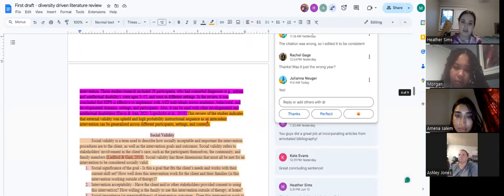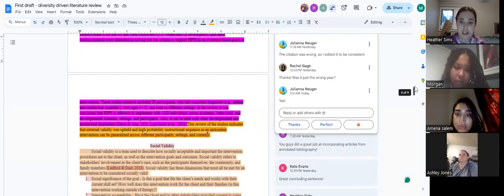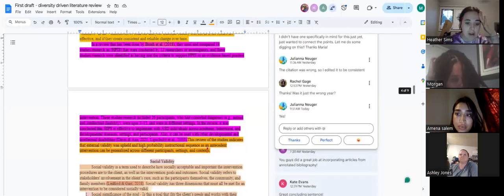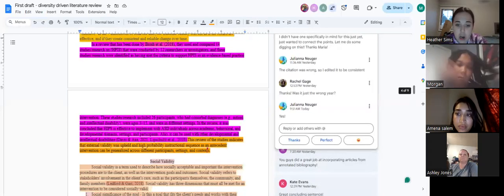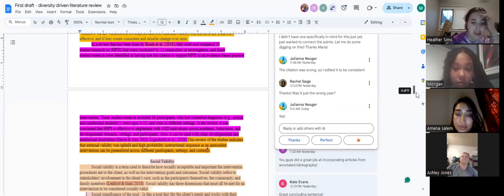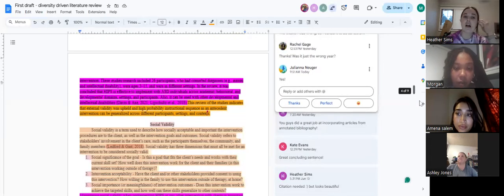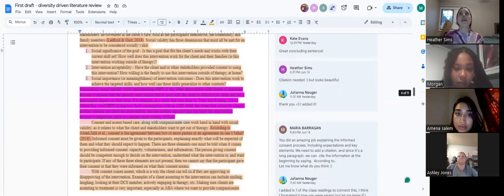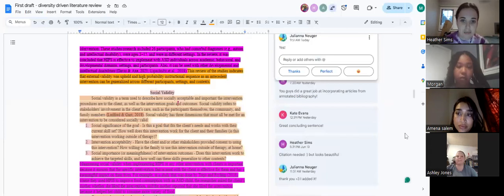Since Ashley had such a big section, if it's okay with her, I just wanted to add, before she started up again, with the social validity section, I found this information to be super helpful. The slideshow explained that we needed to make clear that we understood the sections we were talking about.